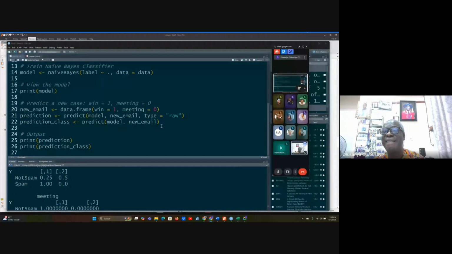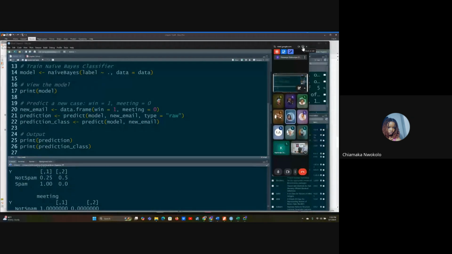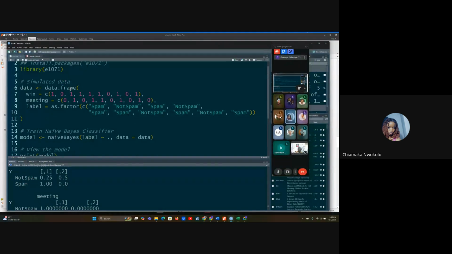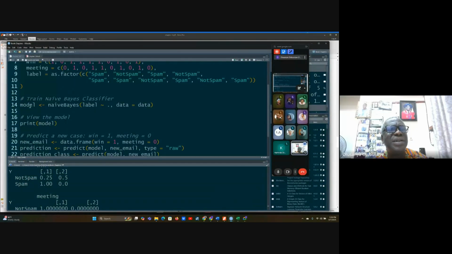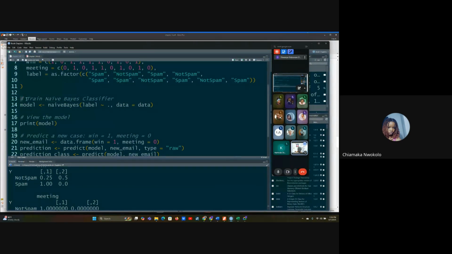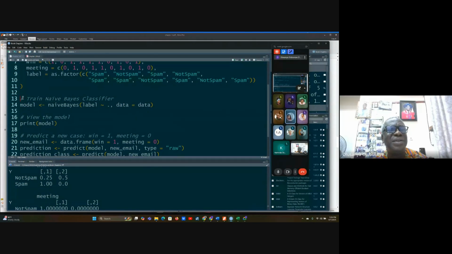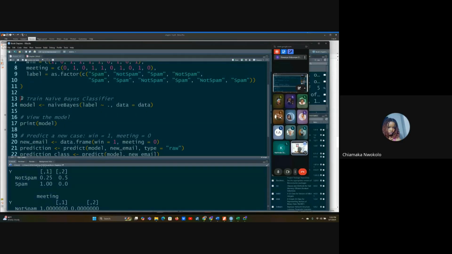Yes, Shiamaka. My question is on the 13th line where you have the hashtag "train naive Bayes classifier". Do you manually input it?